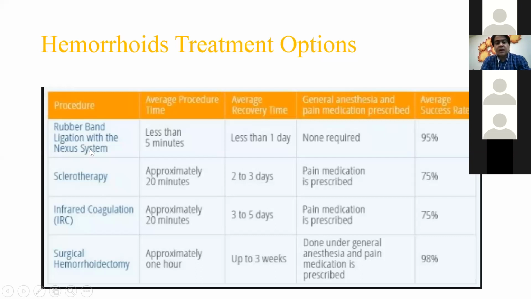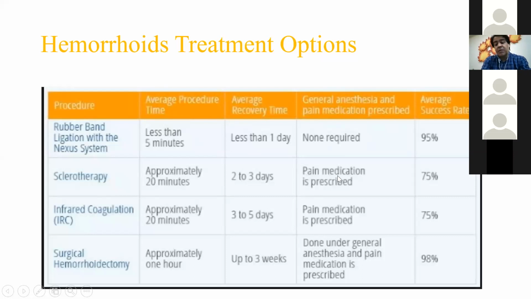The rubber band is a very important and minimally invasive procedure which hardly takes 5 minutes, and recovery time is less than 1 day. It doesn't require anesthesia and pain medication. Its success rate is more than 90%. In case of sclerotherapy, it requires a 20-minute procedure time and its recovery is 2 to 3 days.